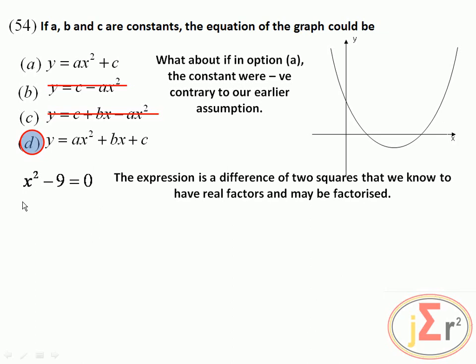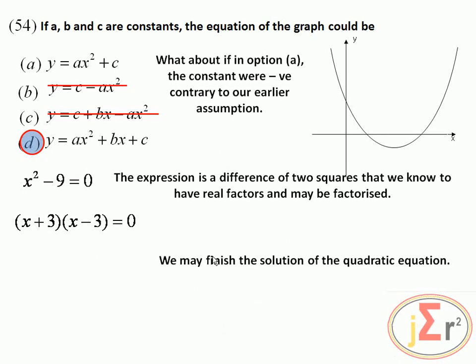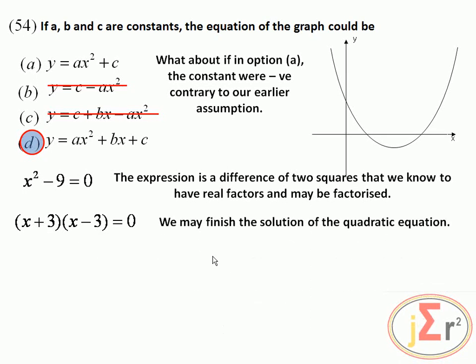Or difference of two squares, everybody will jump to the difference of two squares and factorize it. X squared minus 9 is equal to x plus 3 times x minus 3. We may finish the solution of the equation by transposing this. We have x is equal to positive or negative 3.